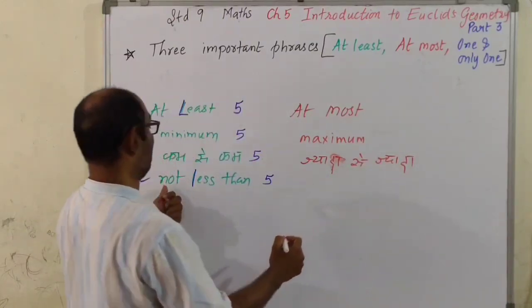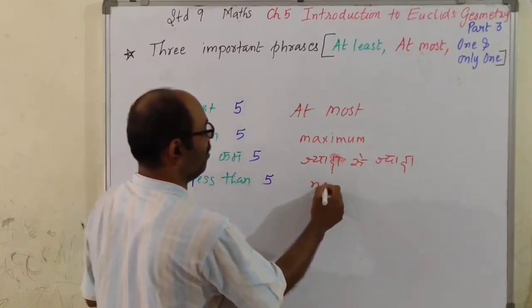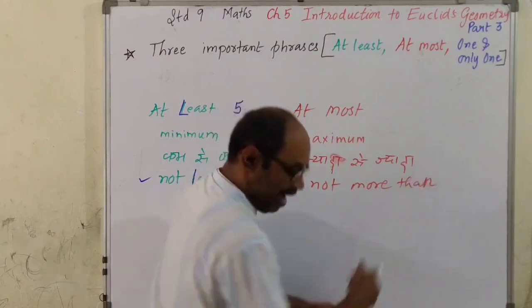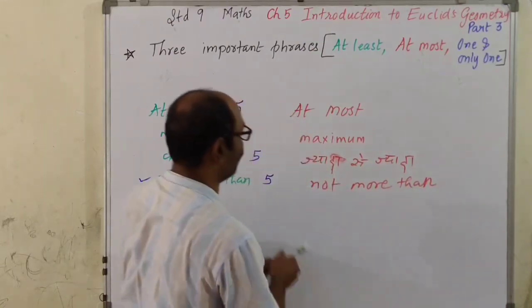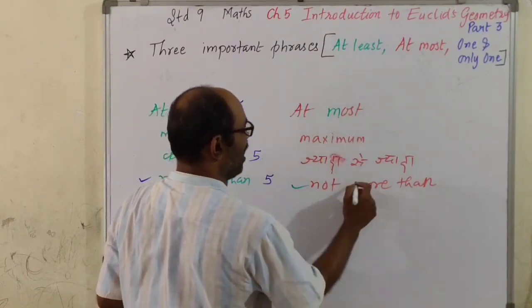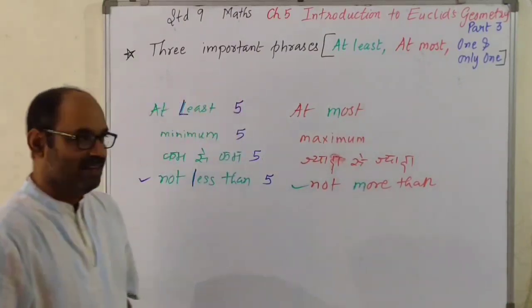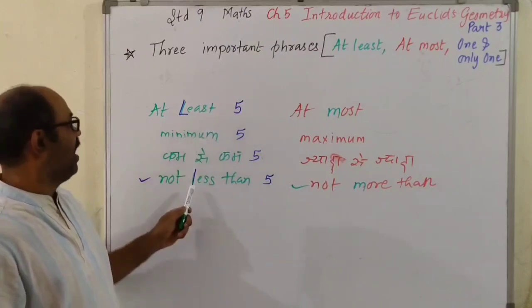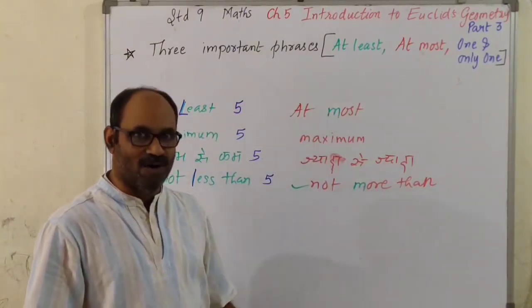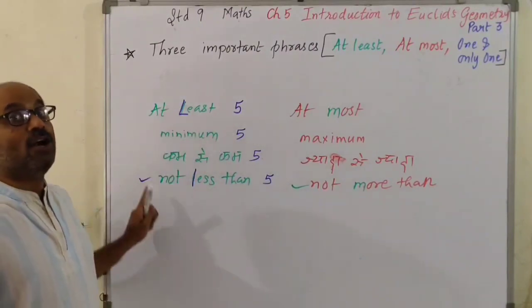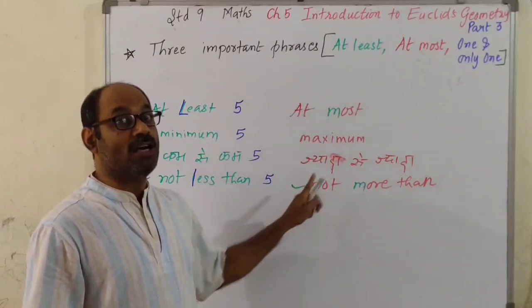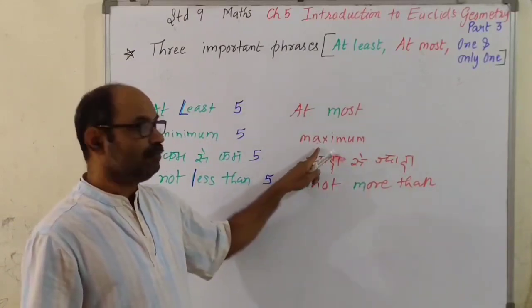And yes, not less than, here not more than. Well, here also we can remember this, because M for most and M for more, L for least, L for less. M for most, M for more. At least, not less than. At most, not more than.